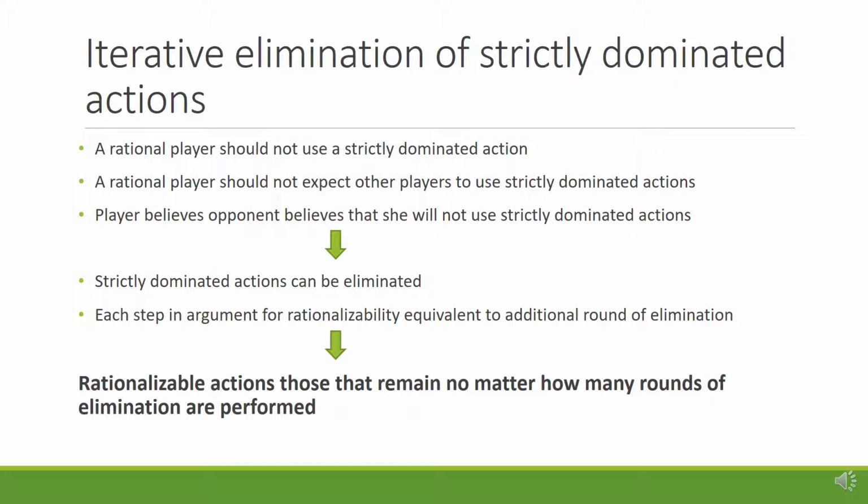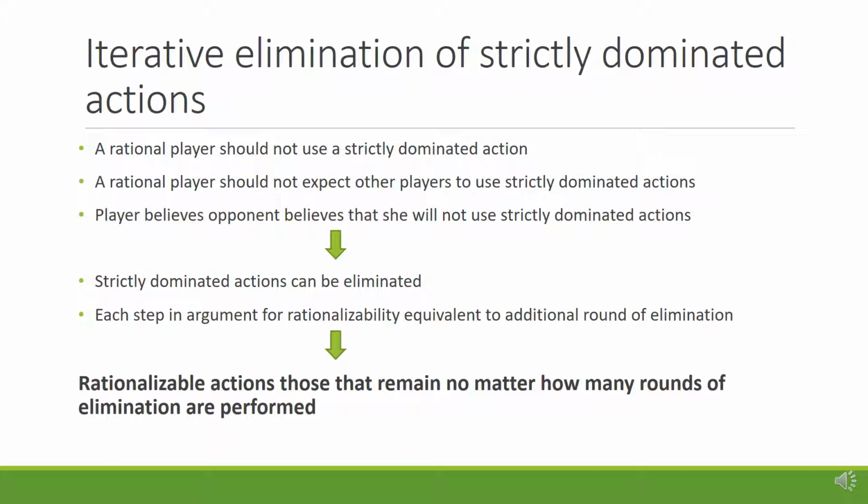So what we do is we follow an iterative process in which in each stage we look for actions that are strictly dominated, and since we know that these actions are never going to be played, we eliminate them. So we go through these rounds of elimination till we have some action or set of actions that remain and are never eliminated through this process.